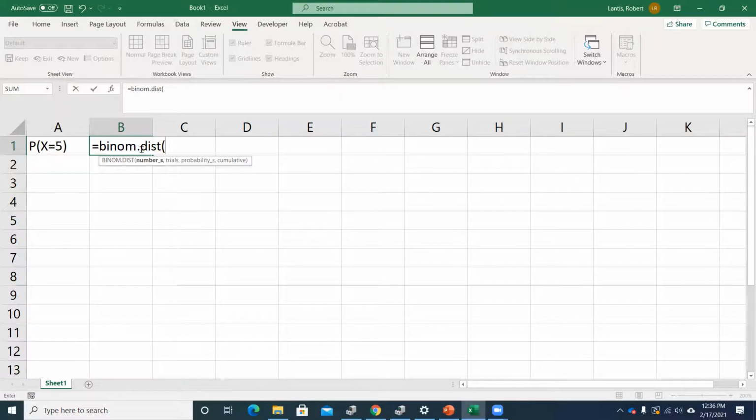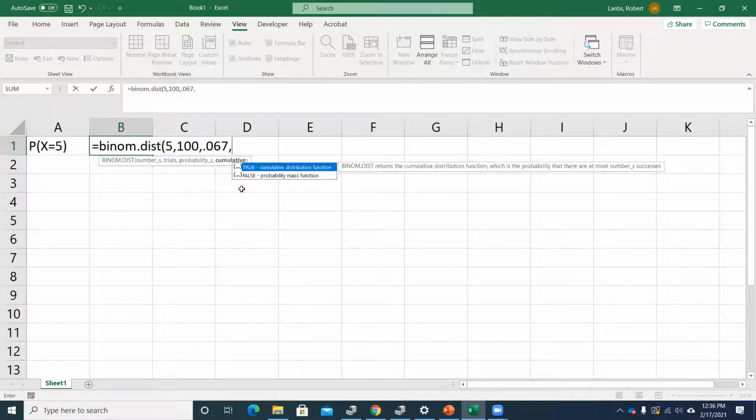Okay. So the first thing we tell this binom.dist function is the number of successes I'm interested in is 5, comma, the next thing I tell it is my number of trials, 100, comma, the probability of success of any one trial, 0.067, comma, and then the last thing we tell it is, do I want to make this cumulative?